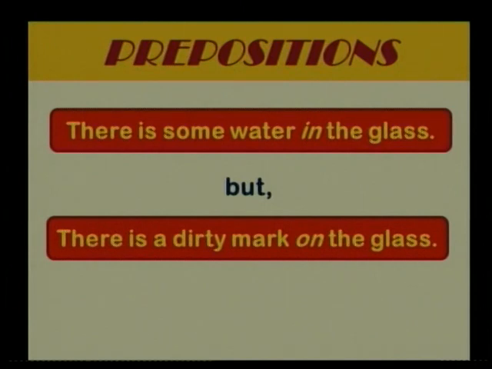But there is a dirty mark on the glass. Friends, you cannot interchange them. You cannot say there is some water on the glass and there is a dirty mark in the glass. In is indicating inside. On is indicating on the surface. So this is an important difference between in and on.